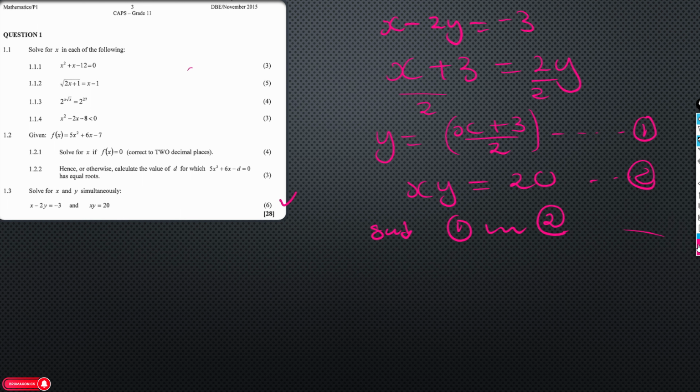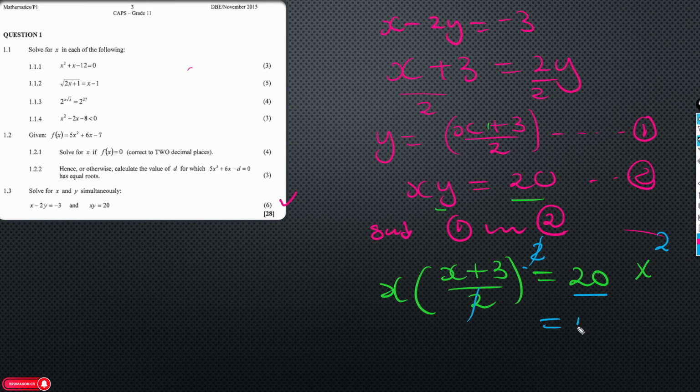So I'm going to substitute equation 1 into equation 2, right? So then now it means that I can go down here and say my x into my y, which is x plus 3 all over 2, which is equal to 20, right? Meaning that if I multiply both sides by 2, then this will cancel this, and then this will be 40, right?